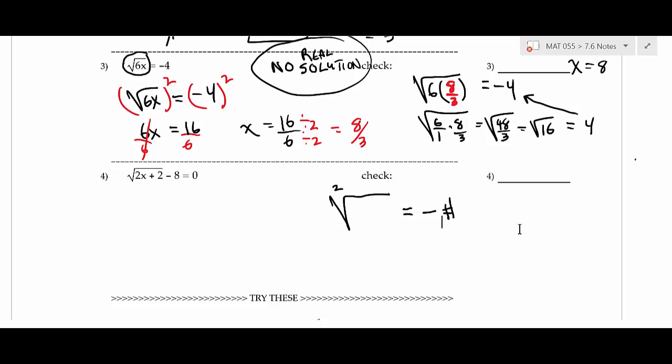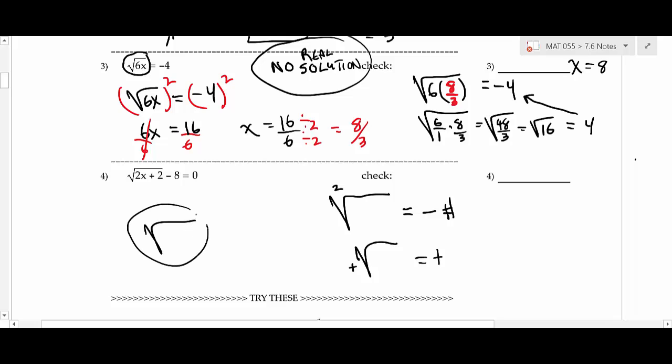Yeah, okay. When you're doing a square root and there's nothing in front, doesn't that always give you a positive answer? Yes. Okay? So that's the idea. You can't do that. Now the key thing is that the square root has got to be isolated. There can't be anything outside of it. But if I saw that that was equal to -1, I would know automatically there's no answer. Doesn't make any sense.